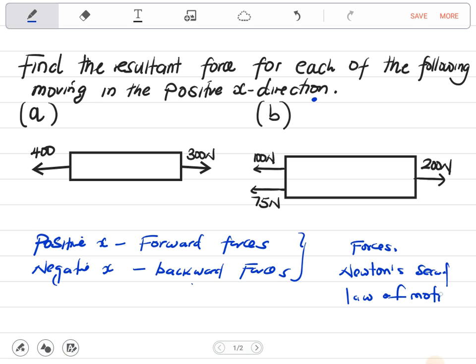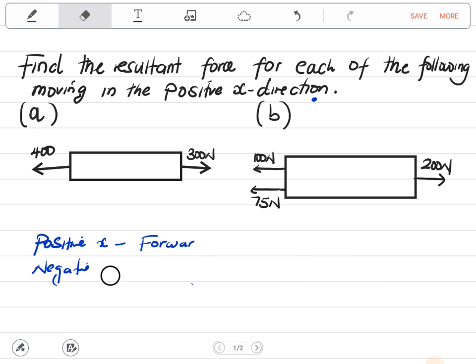Of motion. So the resultant force is just the net force, in short, that is acting on the mass of an object. So sometimes you are going to find resultant, or sometimes you're going to find the net force. Don't be confused, it's just the same.